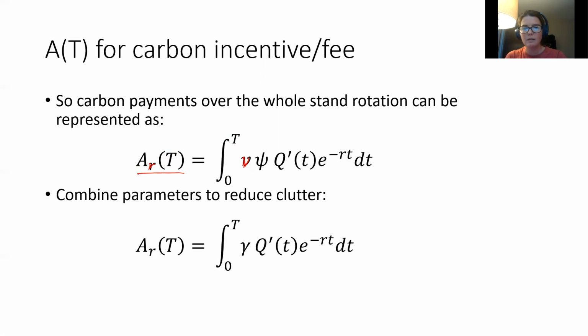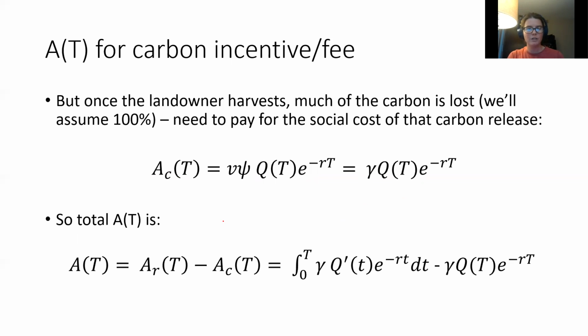So the value that we're putting on every ton of carbon multiplied by the new carbon we're getting in each time t, and we have to discount that given where we are in the time frame. Pretty simple. All we're going to do is combine these two parameters, v and psi, into one parameter gamma to keep things a little bit simpler. So that's the revenue side of the carbon payments over a single rotation.